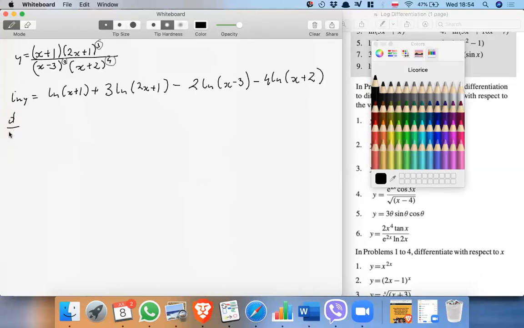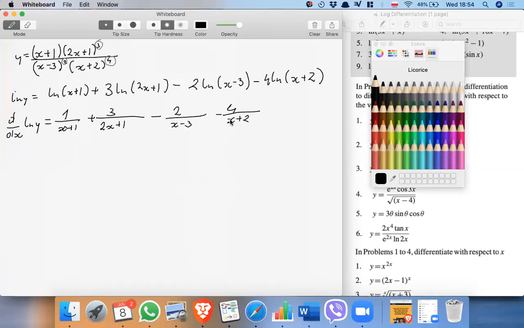Now, next step is to take d/dx of ln of y, which is equal to, from the first bracket, 1 over x plus 1. From the second bracket, that would be plus 3 over 2x plus 1. From the third one, minus 2 over x minus 3. And from the fourth term is minus 4 over x plus 2.